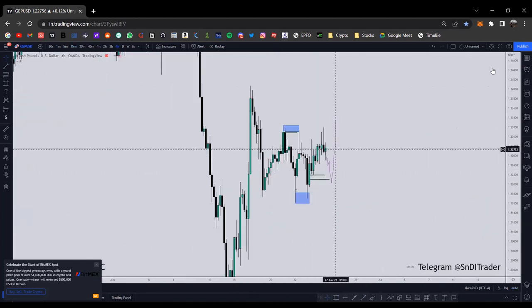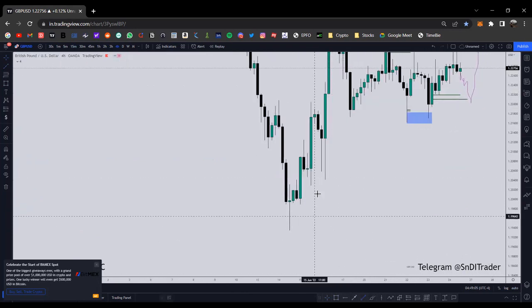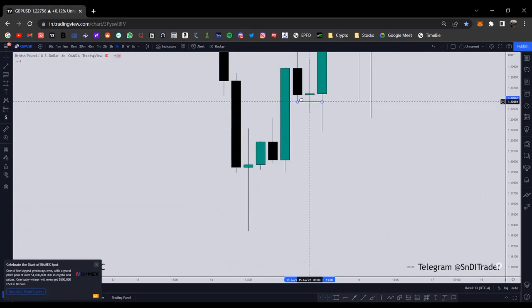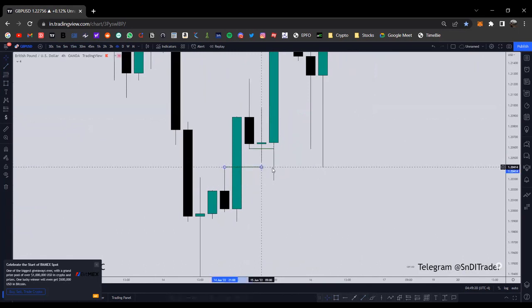So you see, we had a nice fair value gap from here to here. So what happened exactly? Price just came in this candle, didn't fill this fair value gap completely.